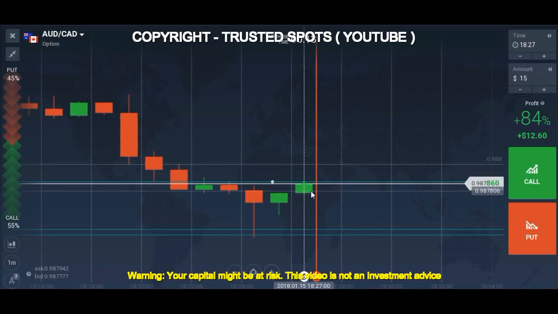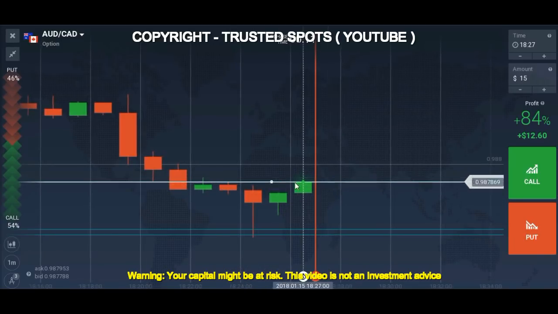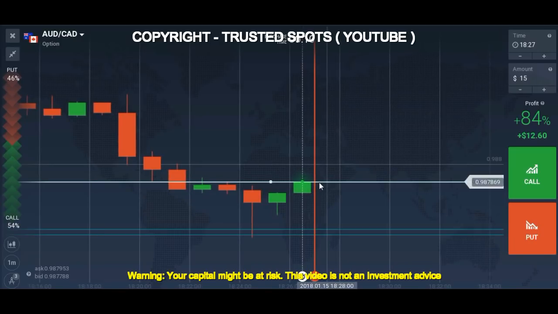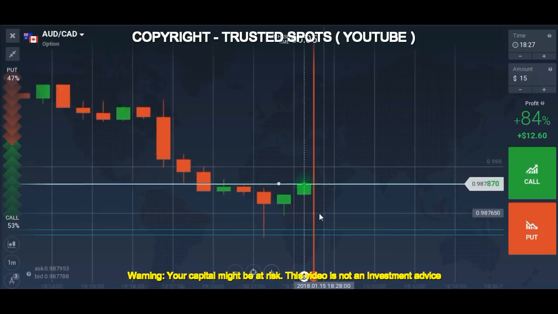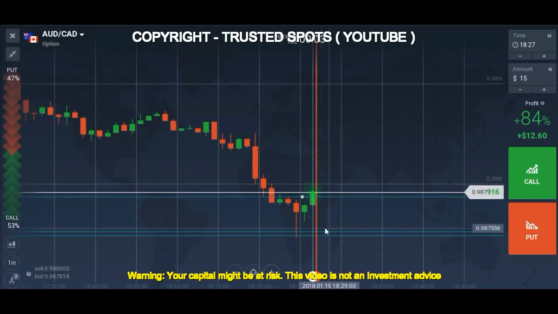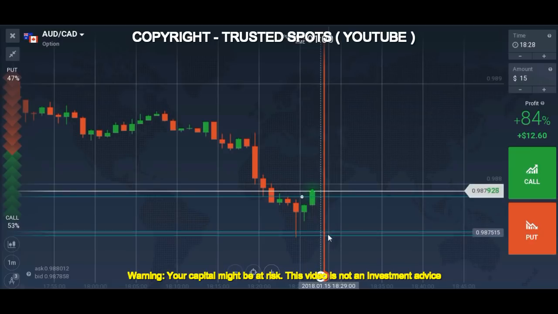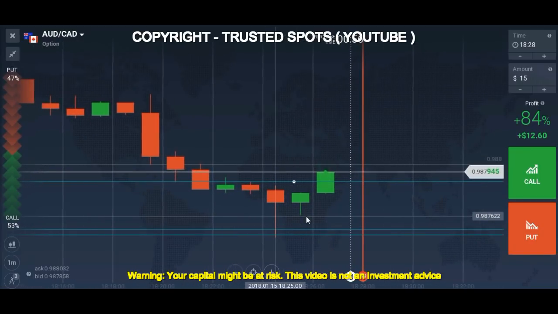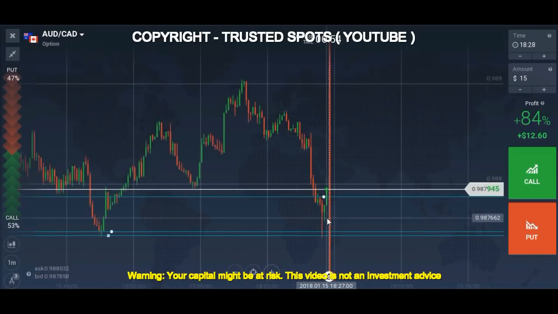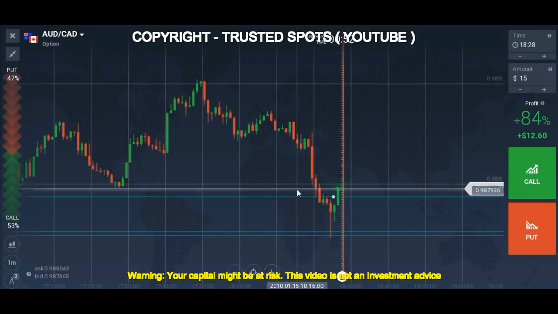If this candle closes below this level, we can trade with the rejection. Right now the market is weak. We can use this level if the market goes down. So it's going up, showing market will cross.